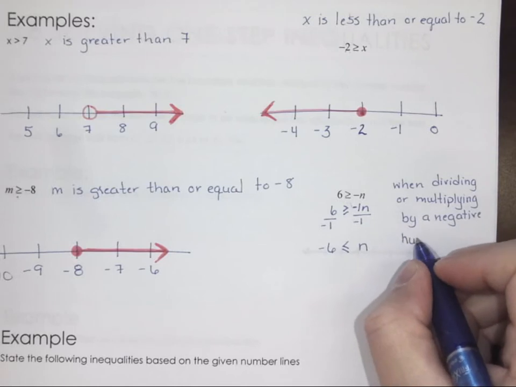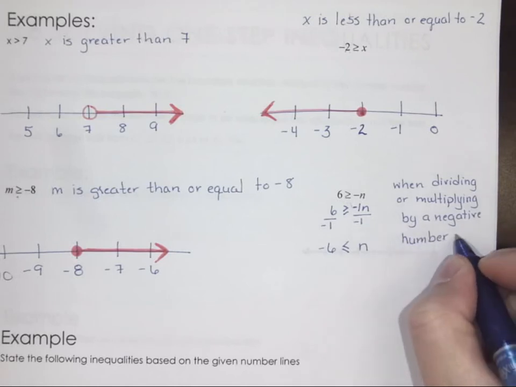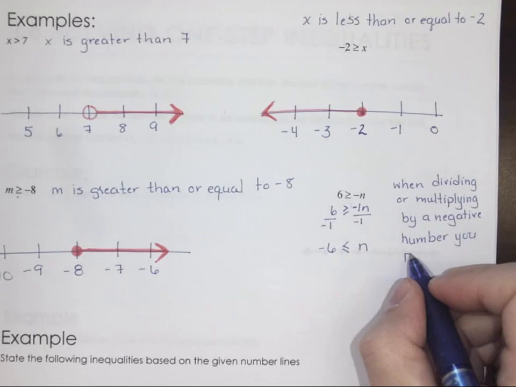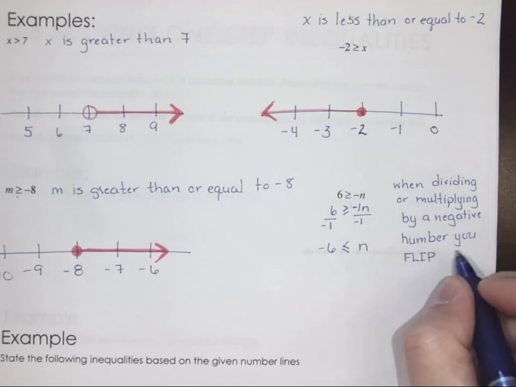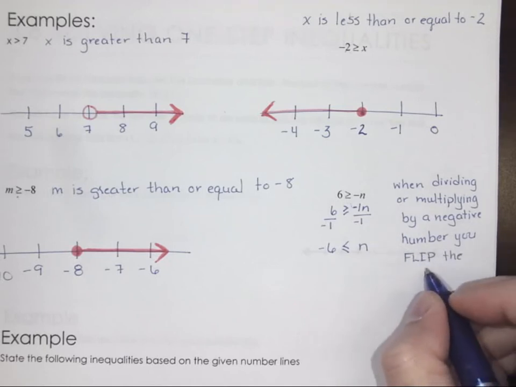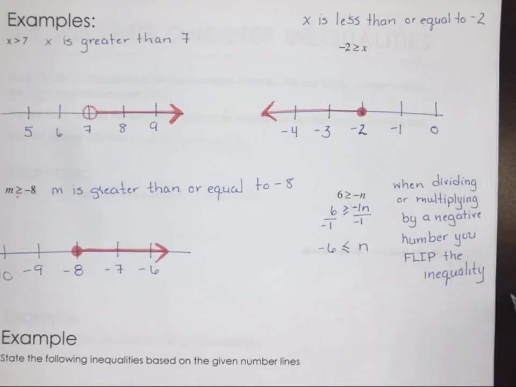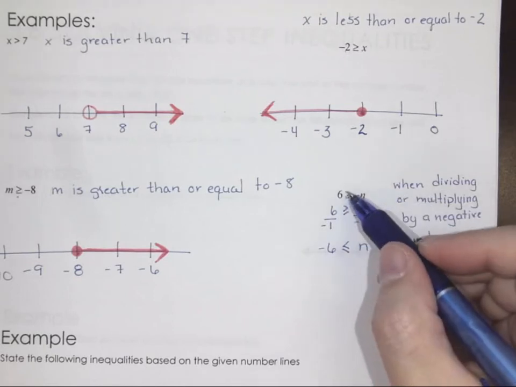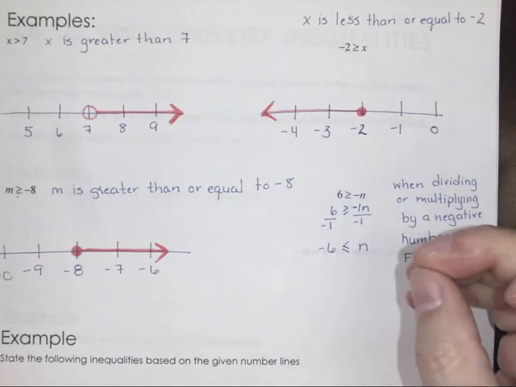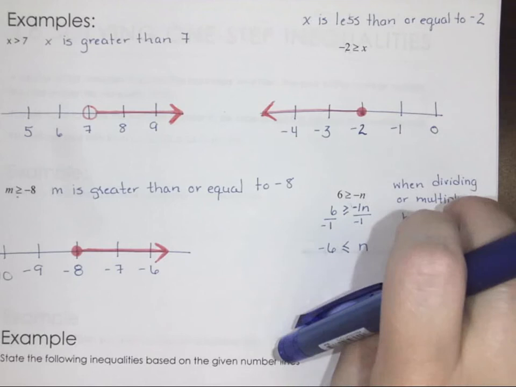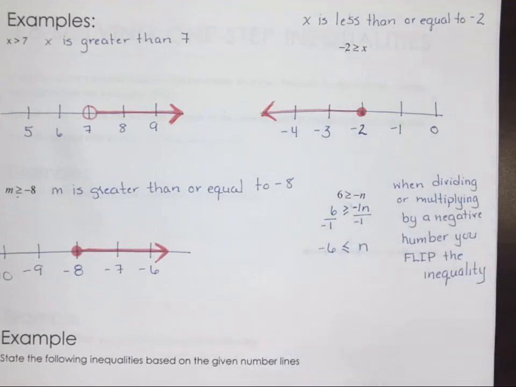Sorry, not talking because I'm trying to write. All right. So we're going to flip the inequality. So before, the alligator's mouth was pointing at the 6. Now the alligator's mouth is pointing at the n.